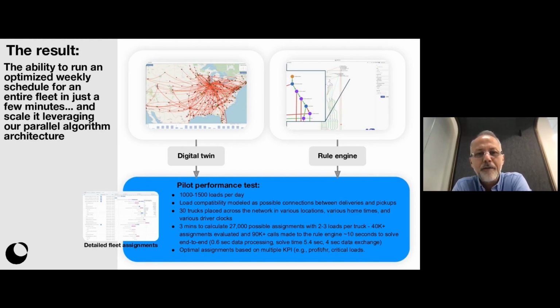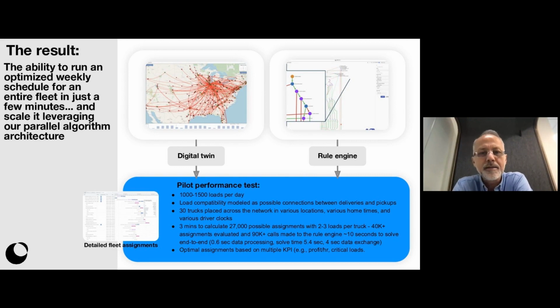So here we have 1,000 to 1,500 loads per day. The system will automatically calculate load compatibility, so the system is considering connecting and optimizing the assignments of trucks based on freight that can be moved in consecutive ways.